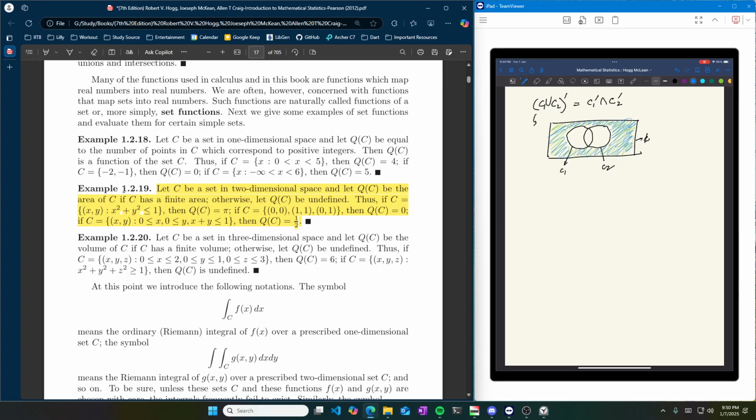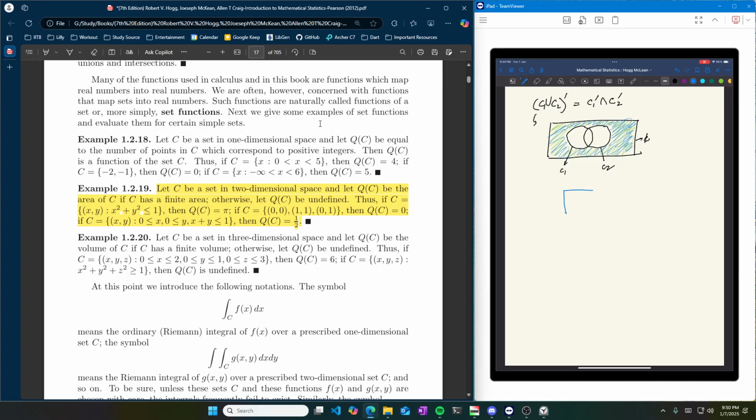Okay. So let C be a set in two-dimensional space, and let Q(C) be the area of C. What is Q(C)? Q(C) is a set function. So what does a function do? Essentially it takes a value.